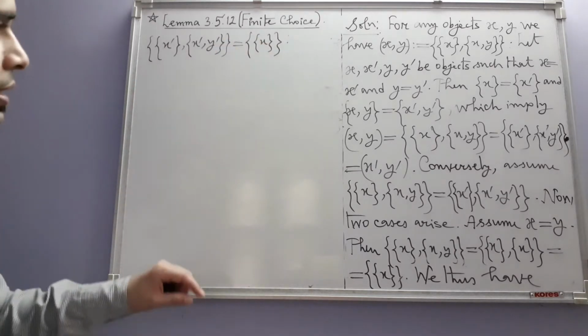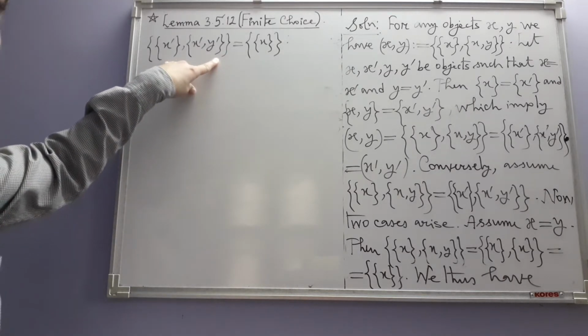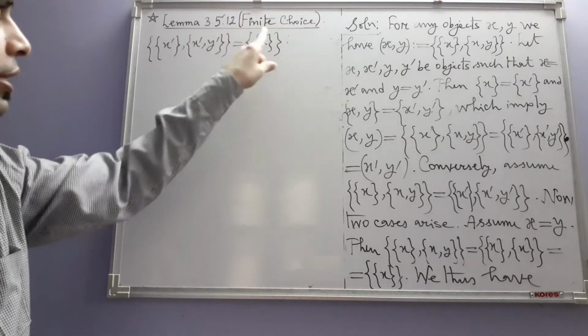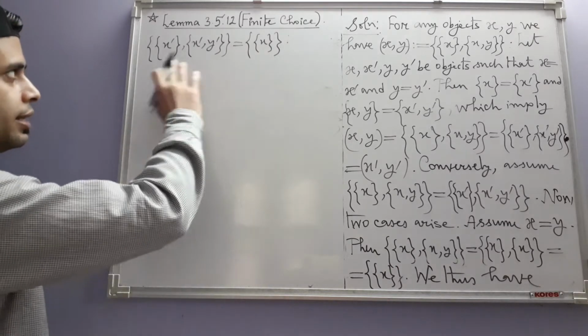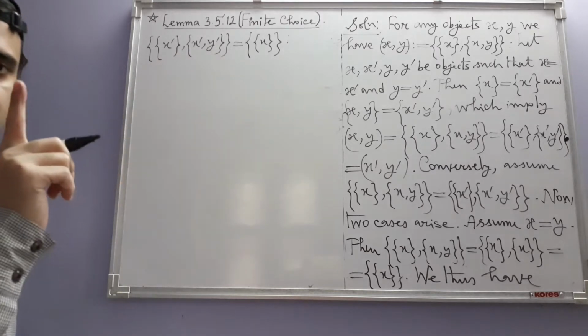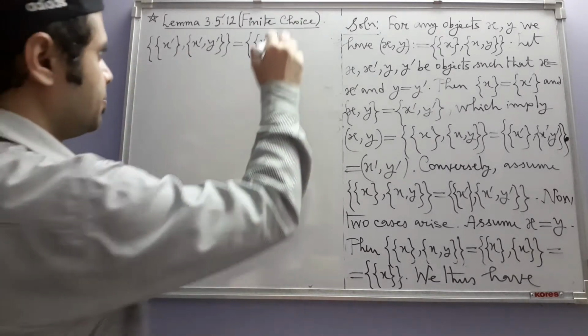How many elements are there in this set? Apparently there are two elements. However, in this set there is only one element, which is itself also a set. So since they are equal, this set also must have only one element. That means both of its elements have to be equal.